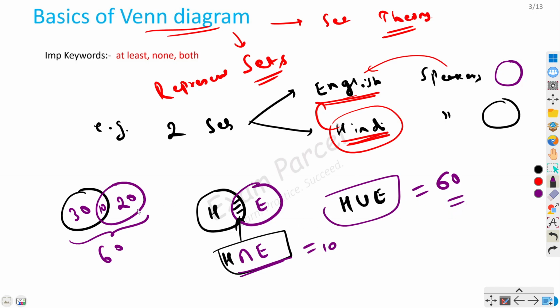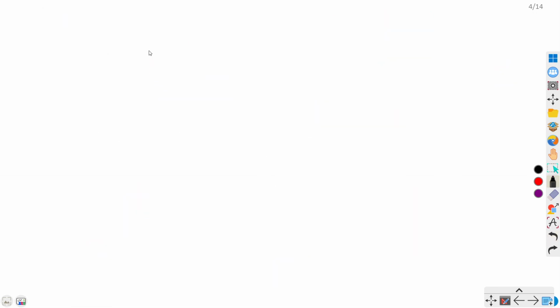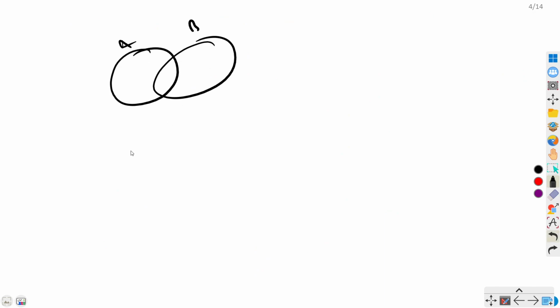Now how can we relate them all? There is a formula. Let us generalize. Let's say there are two sets A and B. What would be A union B? A union B would be A plus B minus A intersection B. Why are we subtracting this portion?